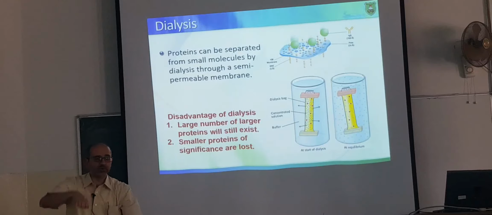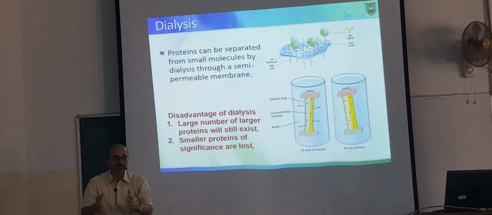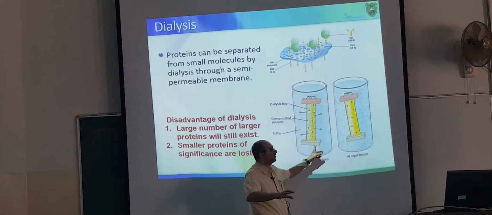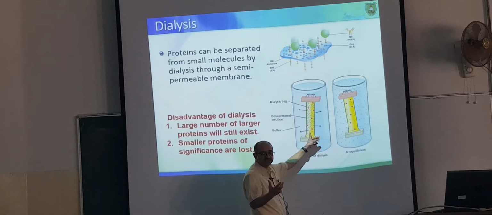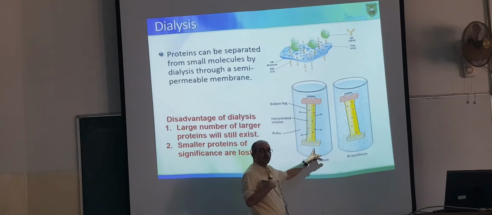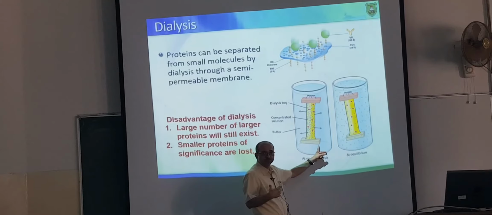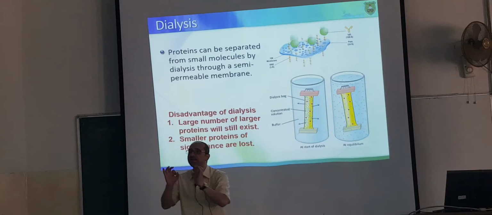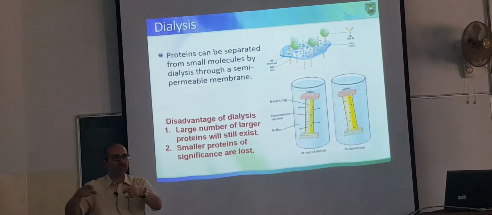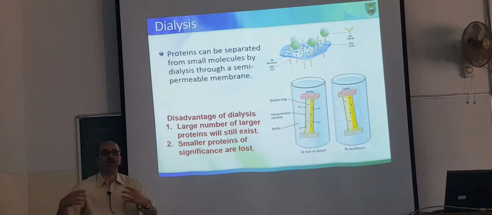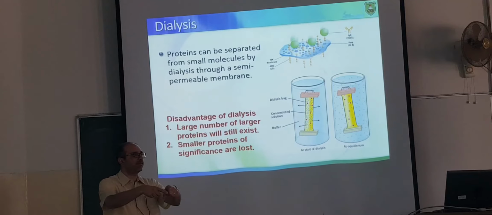I close it and I put it in a large container, a large beaker that contains, let's say, low salt concentration. فأنا هون بالباج عندي a high concentration solution that contains proteins of interest. هون عندي low salt concentration solution. منيح؟ ايش راح يصير بالباك؟ Anything smaller than the pores can pass through, like ions, like salt molecules. لكن أي شيء larger would stay inside the bag.